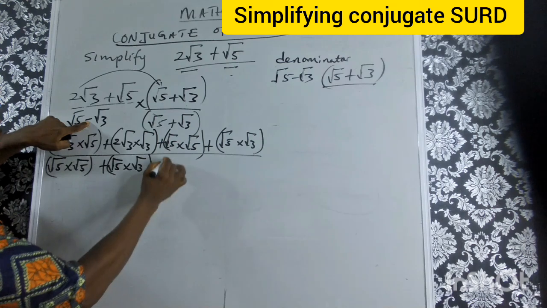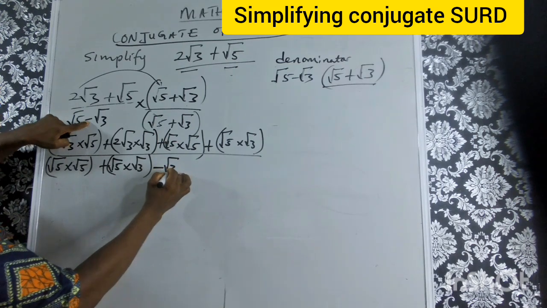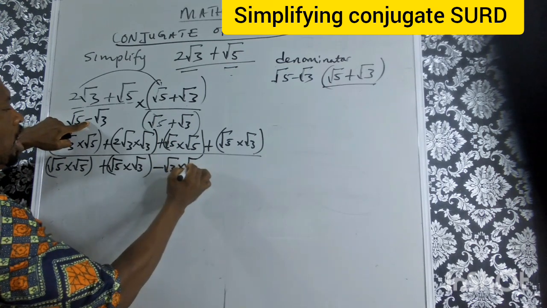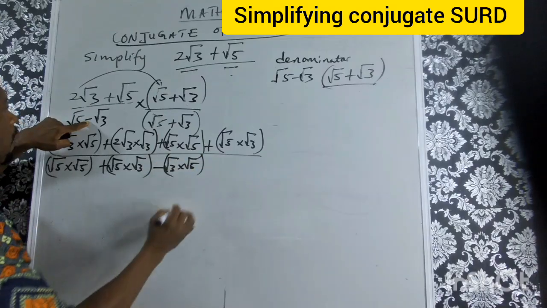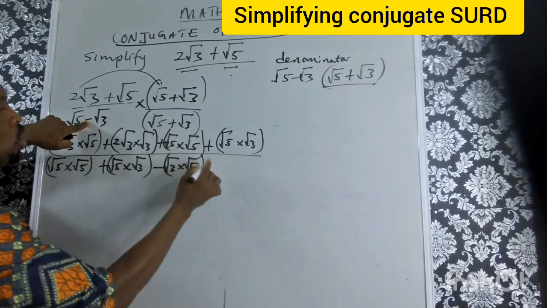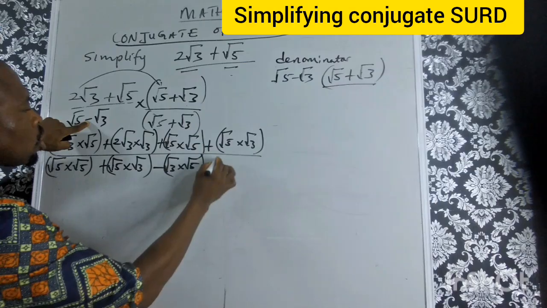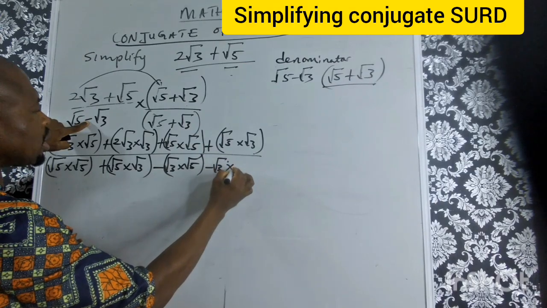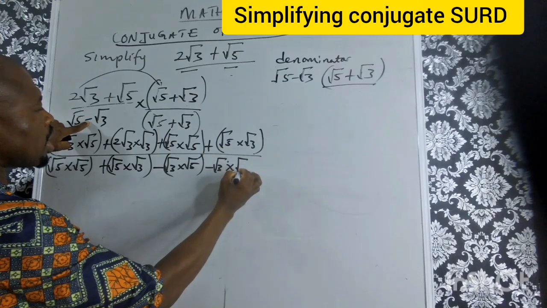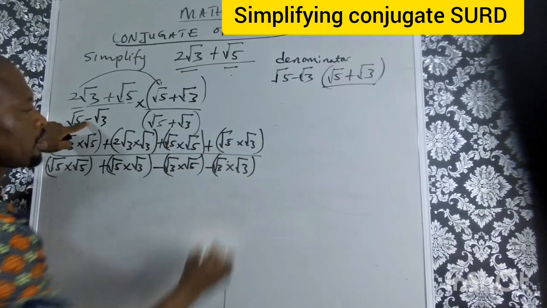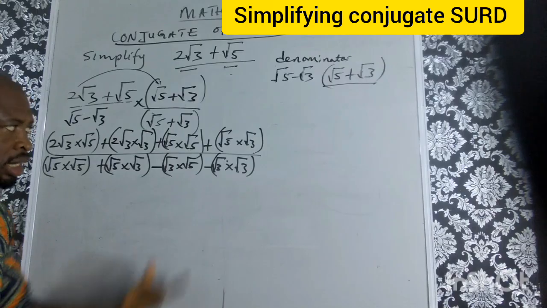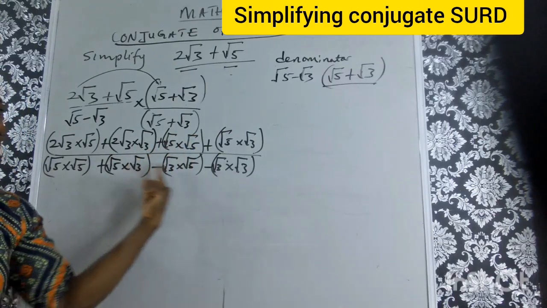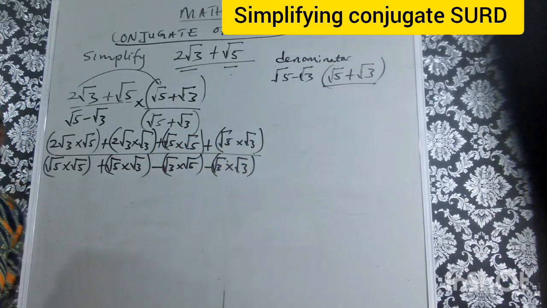We now have minus root 3 times root 5. Because of this minus also, it will affect this one, minus square root of 3 times square root of 3. Having done this, this is just the straight expansion.